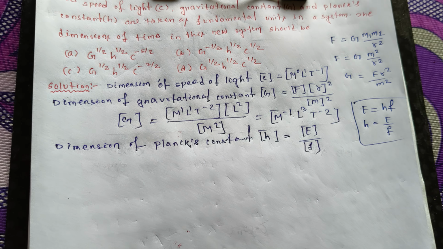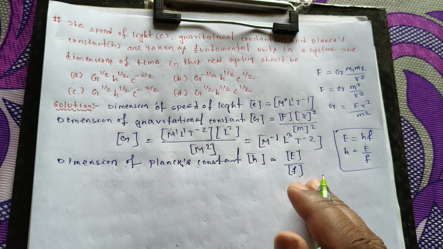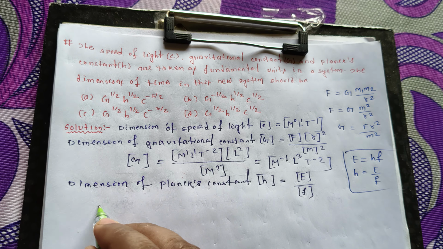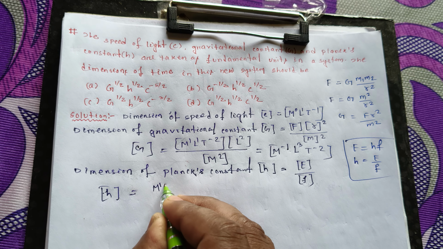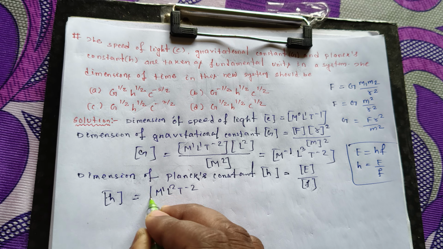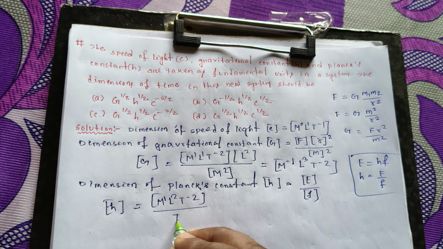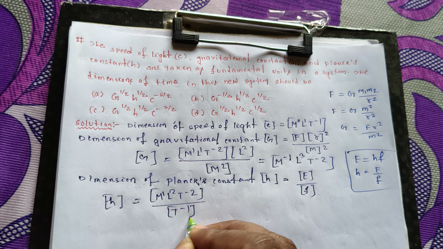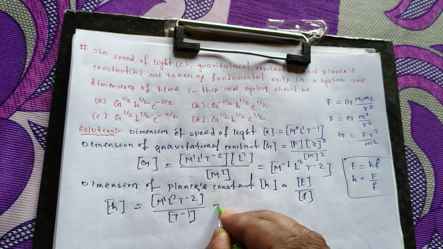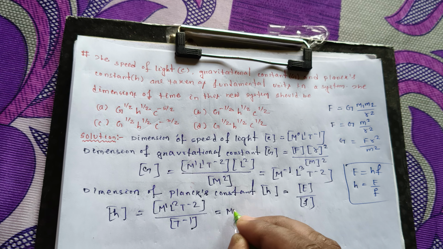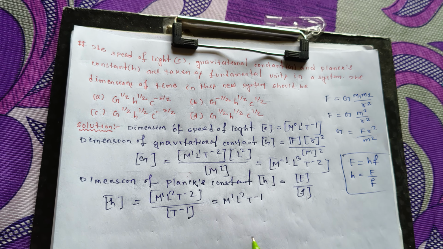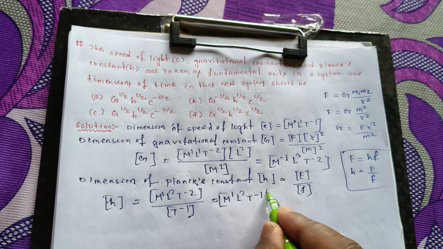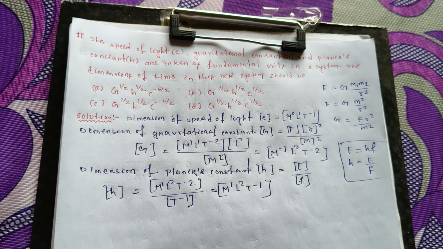The dimension of energy is M1 L2 T to the power minus 2, and frequency is time inverse, so we get M1 L2 T to the power minus 1. This is the dimension of Planck constant.